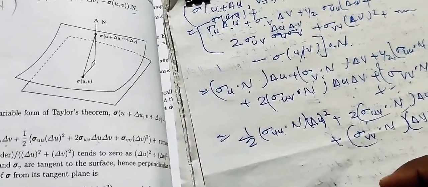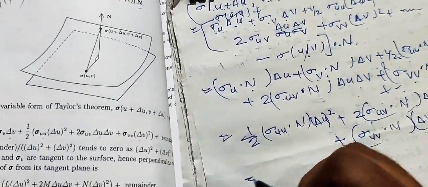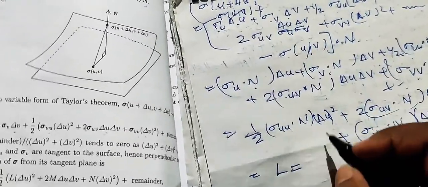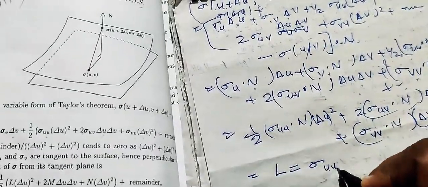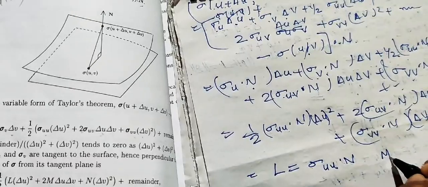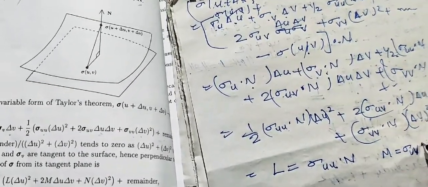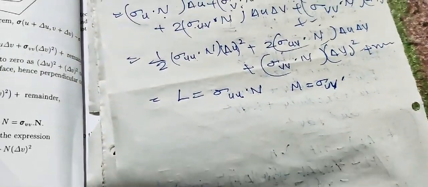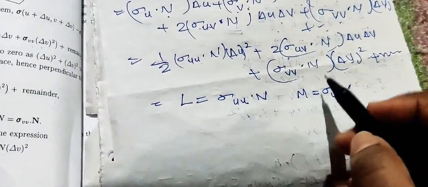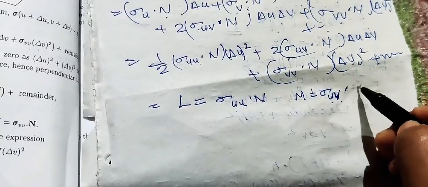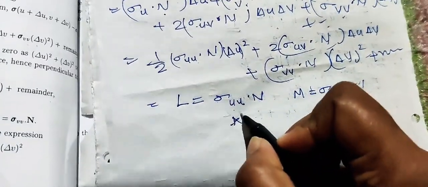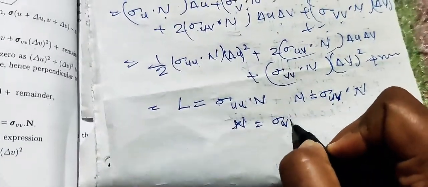Okay, so we take L is equal to sigma uu dot N, M is equal to sigma uv dot N, and N is equal to sigma vv dot N.